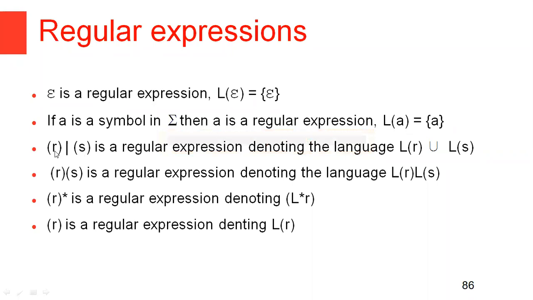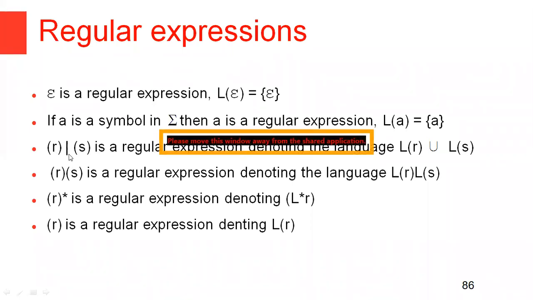And small r or small s is a regular expression denoting the language. So some of the operations on regular expressions are union, concatenation, and the Kleene closure. These are the three operations present in a regular expression.